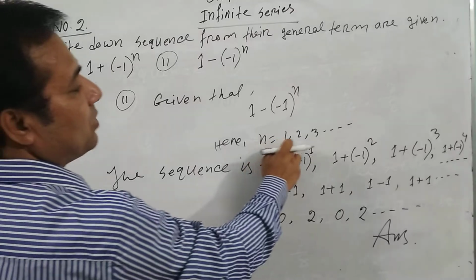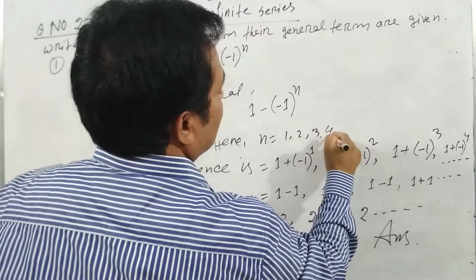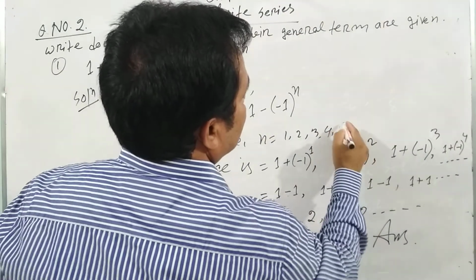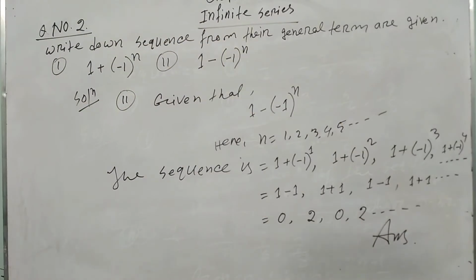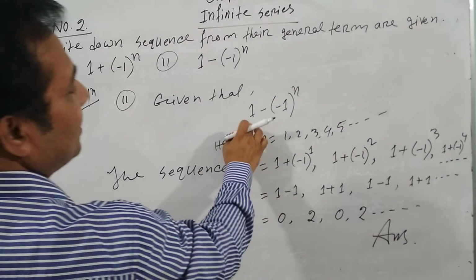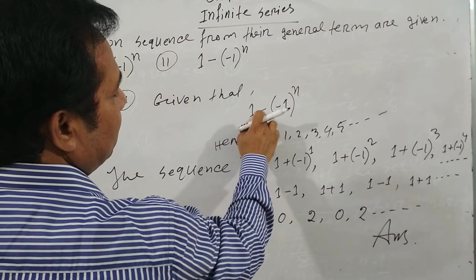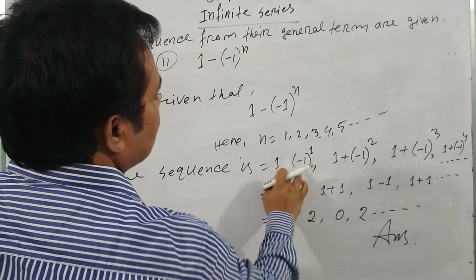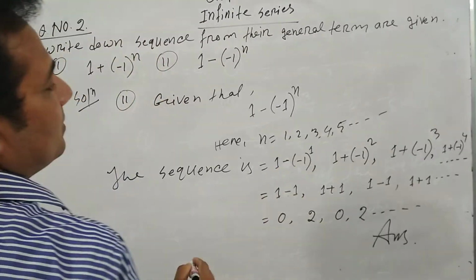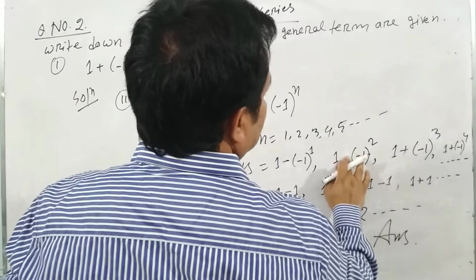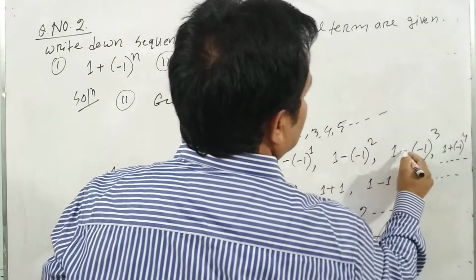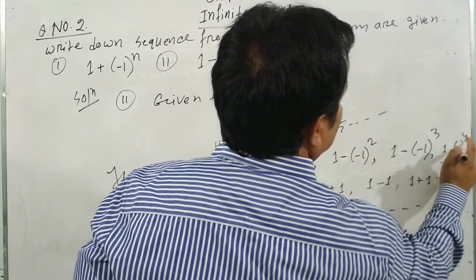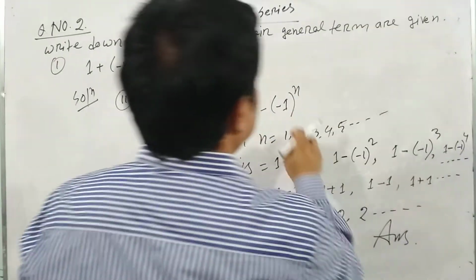Here the value of n is 1, 2, 3, 4, 5, up to infinity, all natural numbers. So the required sequence is, similarly here minus, here also minus, then the other is the same.